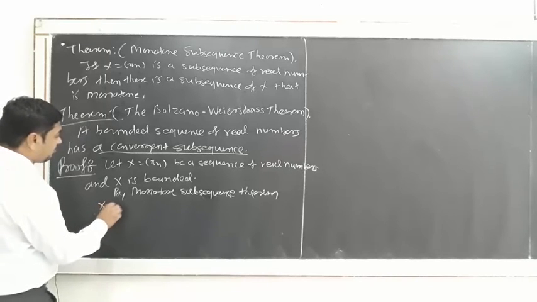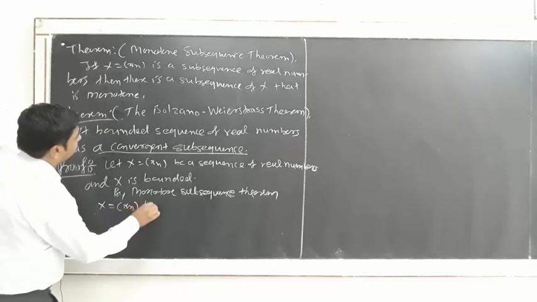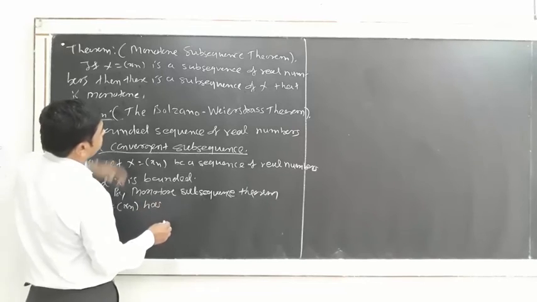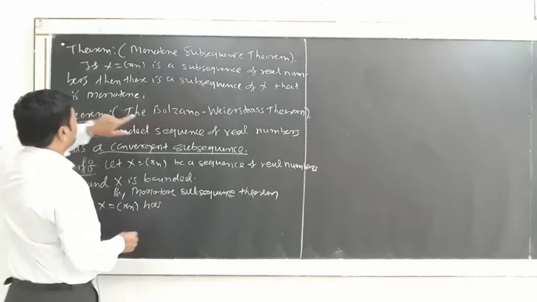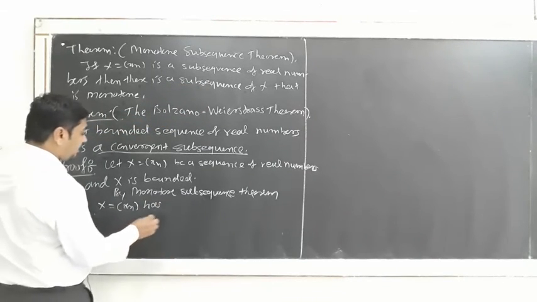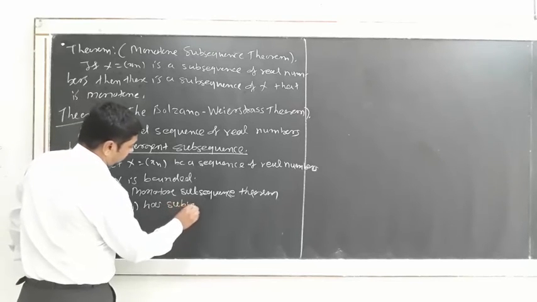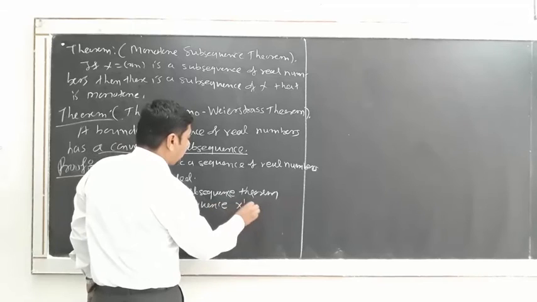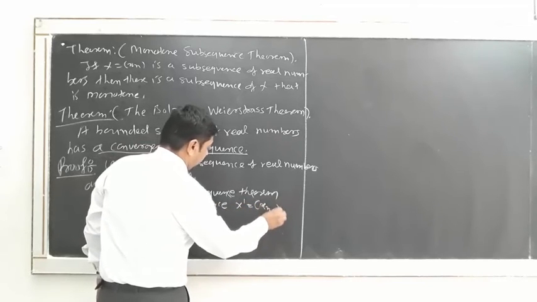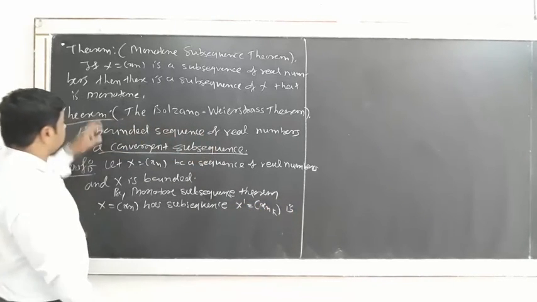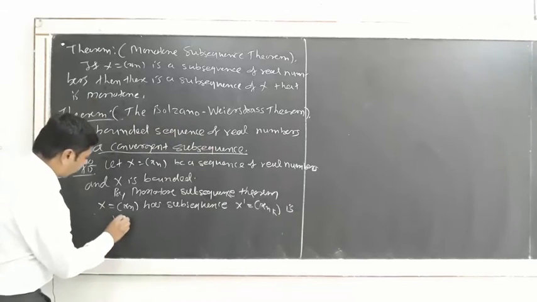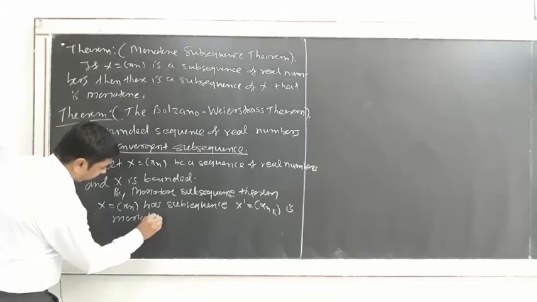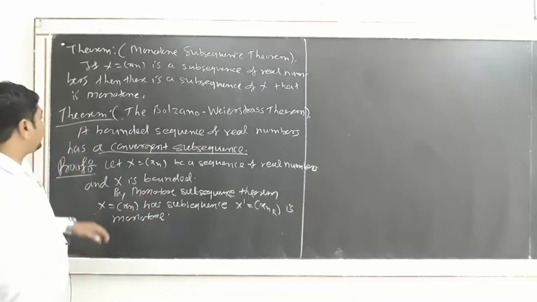X is equal to (xn) has a subsequence that is monotone. It has a subsequence x dash is equal to (xnk) which is monotone. That is what we are getting now.